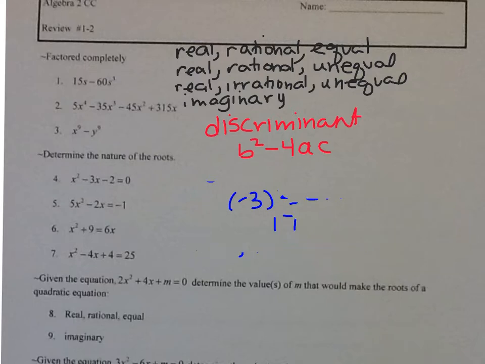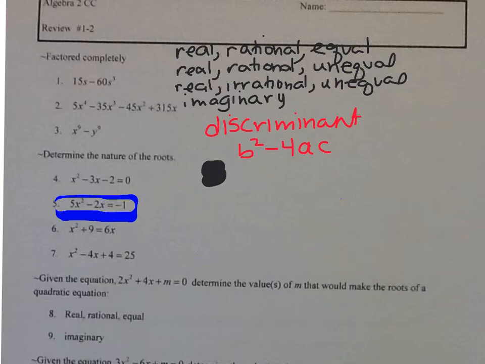Okay. So let's take a look at number 5. We're going to identify what the A, B, and the C are. So number 5A. Oh, actually I can't, because notice this is not in the right form. So I have to put it in the right form first. So let me rewrite it.